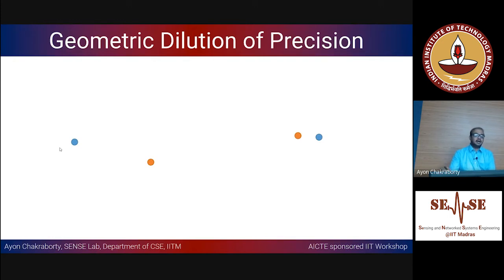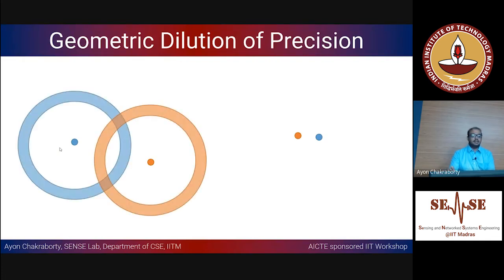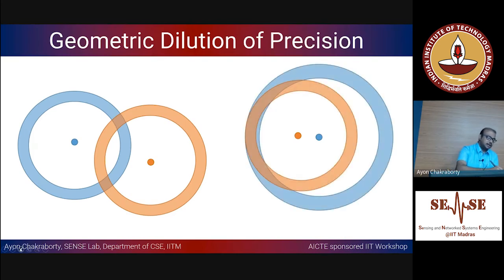If there are these two nodes, blue and orange, depending on where they are, the area of intersection of the circles is going to be different. In this case there is a small region at the top and the bottom, and these are the places where the circles intersect, so your solution should be either this or that.